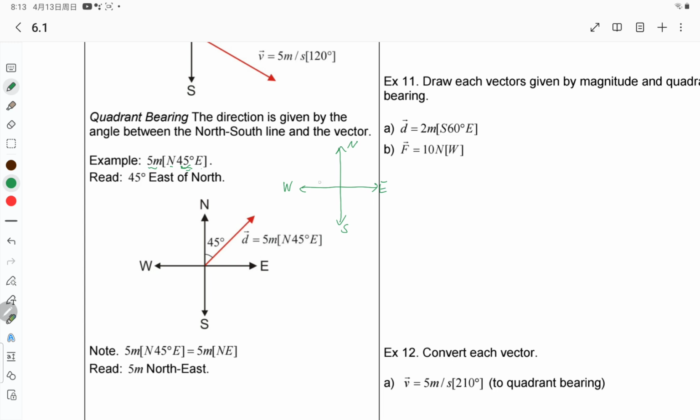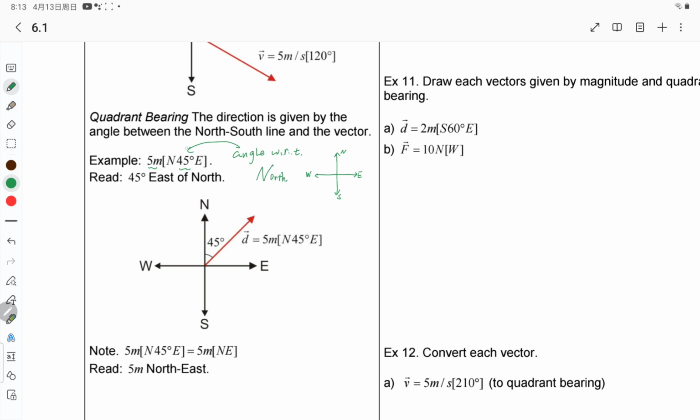The north coordinate is fixed, and between N and E, this angle 45 is always the angle with respect to the direction N, with respect to north.